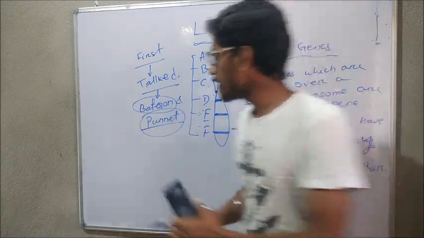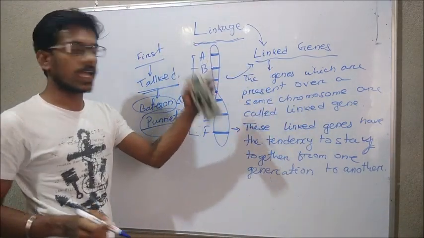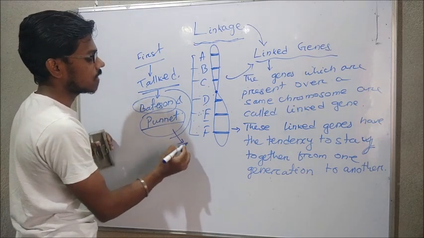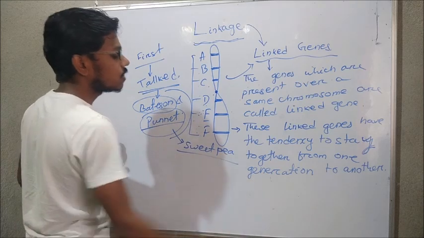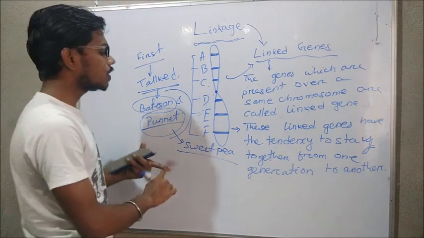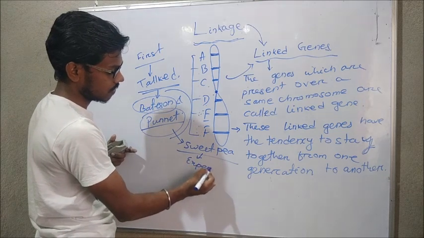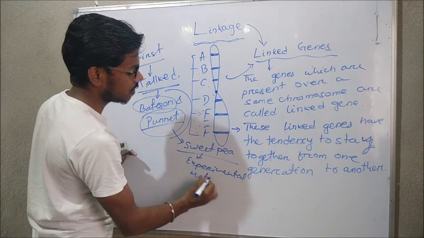So Bateson and Punnett first talked about linkage, and during their experiment, they took sweet pea as the experimental material.